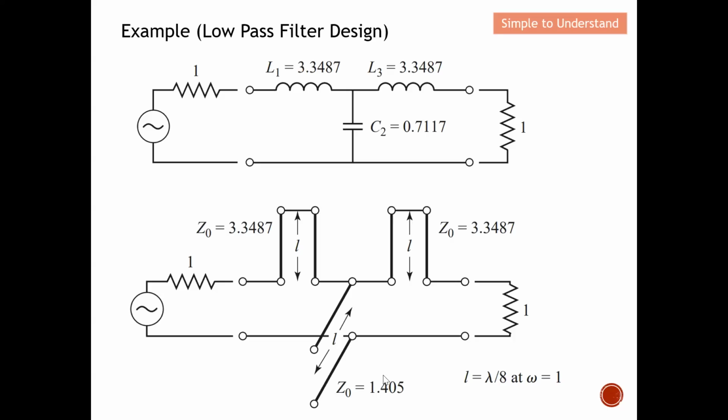Over here, you can see that I make use of the Richards transformation to convert the lumped elements into series and also shunt stubs. One thing I want to highlight again: remember the length of the transmission line to do this implementation using the Richards transformation must be lambda over 8. Keep this in mind. I will remind you guys on this in my last few slides.